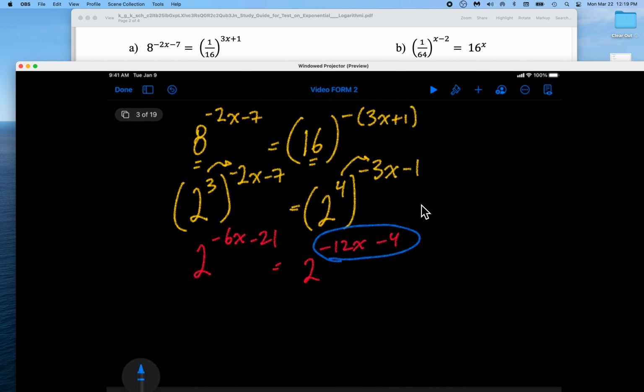These exponents have to equal one another because we have a common base and we have an equal sign. Negative 6x minus 21 is going to equal negative 12x minus 4. And when you solve for x, you will get x equals 17 over 6.